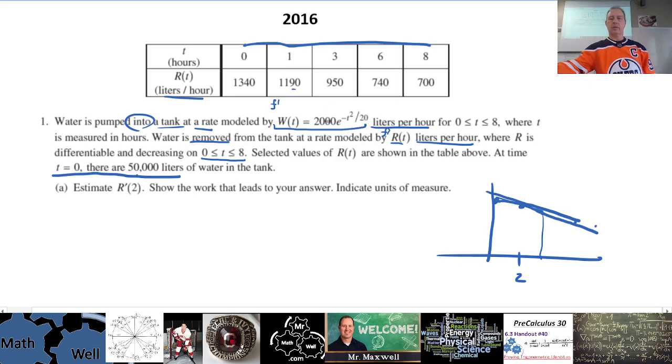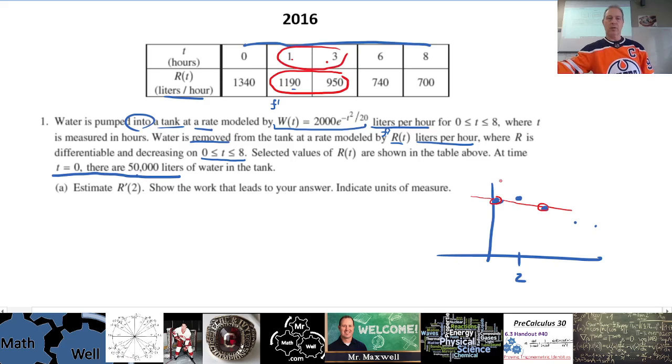Okay. So estimate R prime of 2. So we're trying to find the slope of the tangent line. And again, if we have some points, our best guess for this tangent is to find the slope of the 2 neighboring points. That's our best guess. So we have 1 and 3. We want to find the slope, the difference in y divided by the difference in x.